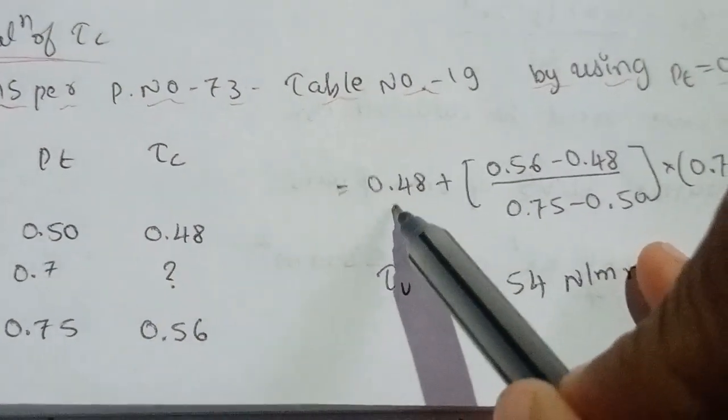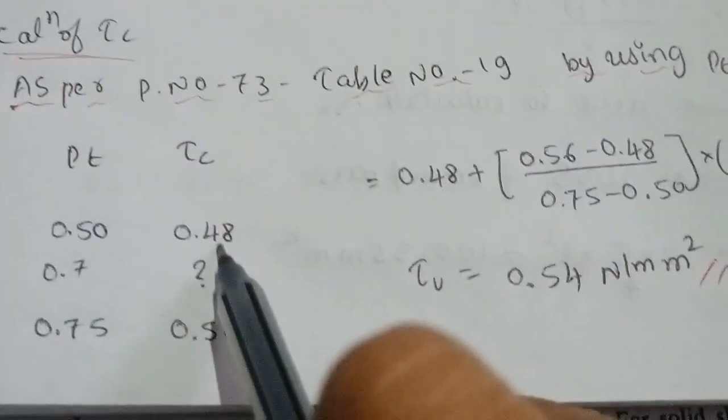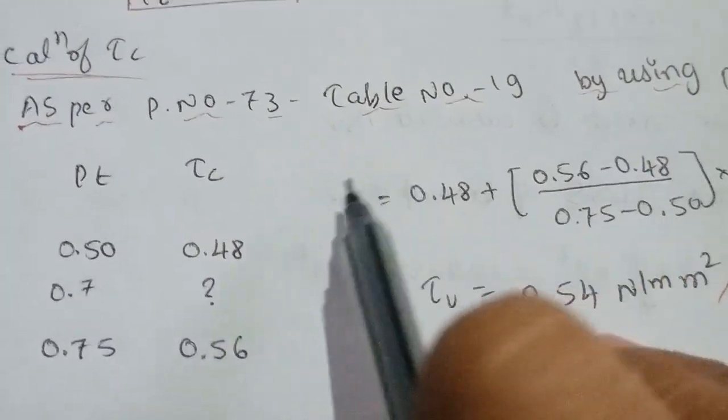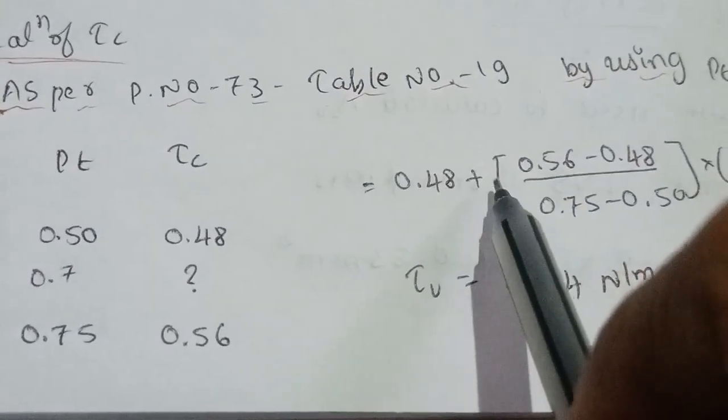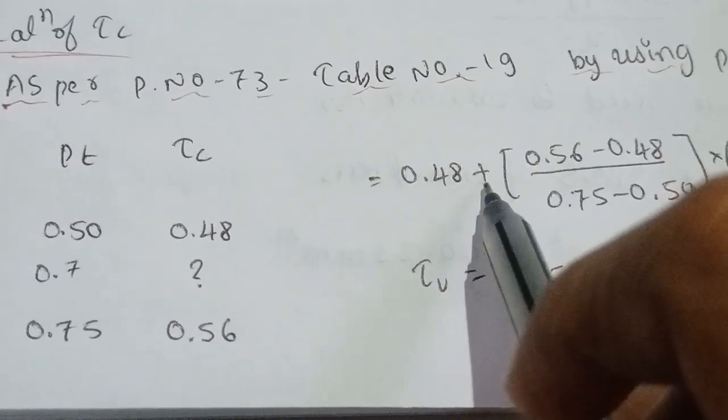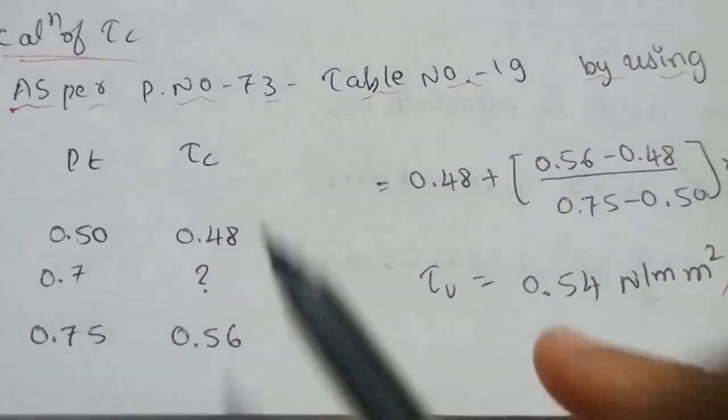So first we will take 0.48. Why I am taking 0.48 is because our value lies in between these two values. Plus I am adding it, because this value goes on increasing.